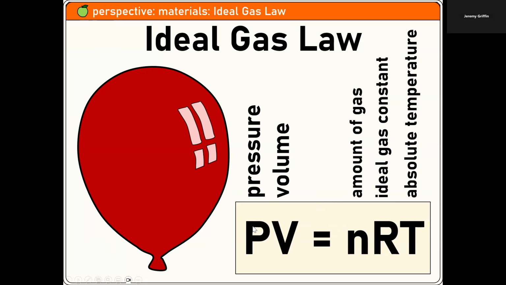Like pressure, you could quantify in atmospheres, or pascals, or PSI for that matter. Volume, you can quantify in cubic meters or in liters. There are different values of R just to make the numbers match. Okay, you guys get that?